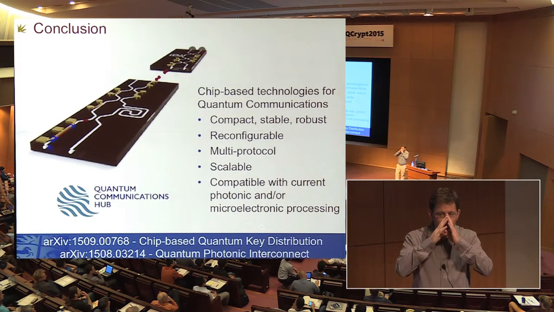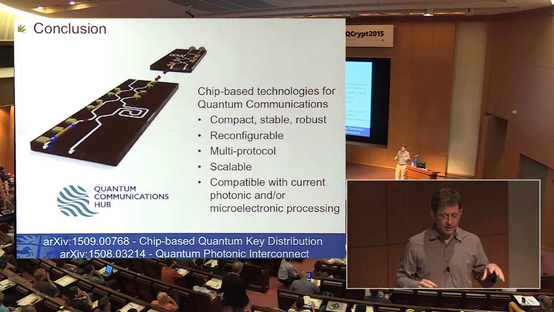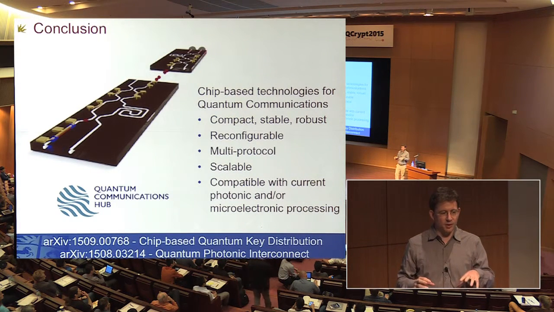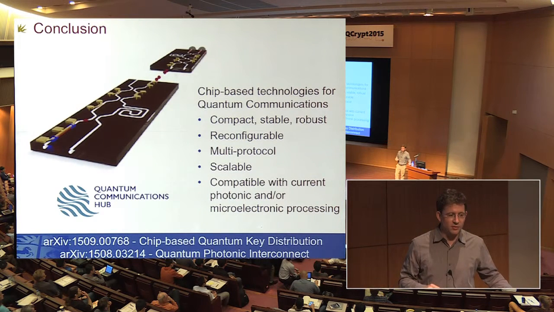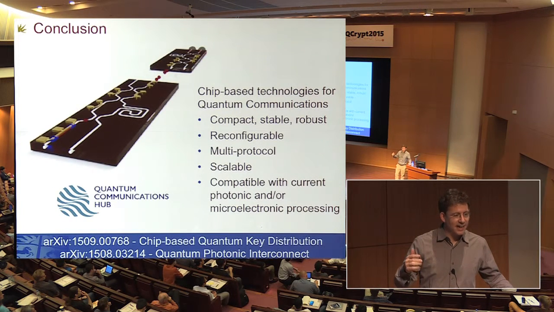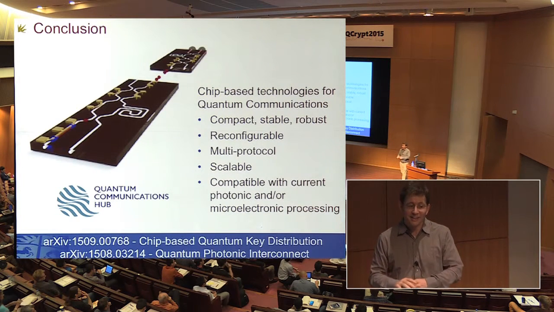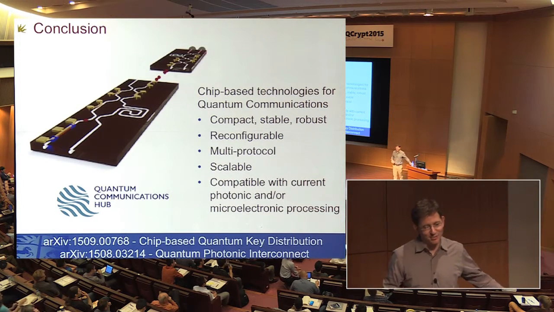Not necessarily, and the main reason is because on one chip you then have to go from path to time bin encoding, which requires delay lines. Delay lines on chip are horrendously lossy. And then on the other side you have to go from time to path, which will require some kind of active element and some active demultiplexing and potentially time bin delays as well. So we've thought about it, but it's really not that feasible.